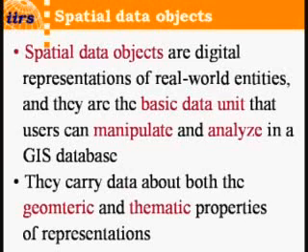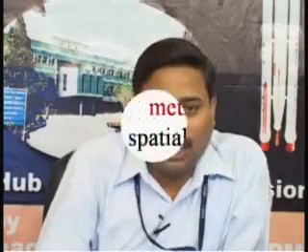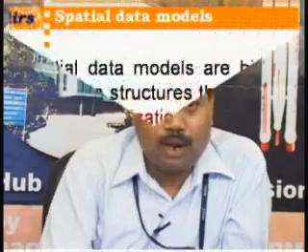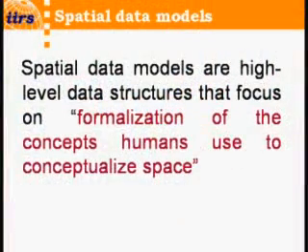So spatial data objects are only meant to represent the real world and how you can manipulate and analyze. While spatial data structures are more towards the methods of how you can organize your data, emphasizing storage as well as performance. While spatial data models are supposed to be high-level data structures that focus on formalization of the concepts humans use to conceptualize space. So all of these are related to each other, with very slight differences between the terms used.